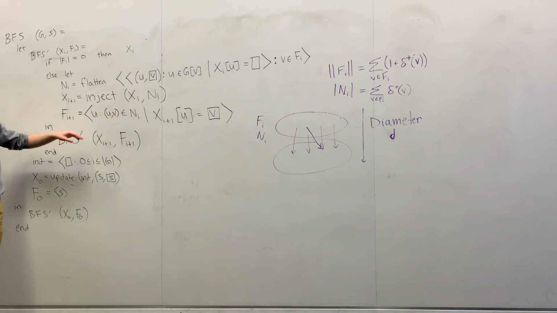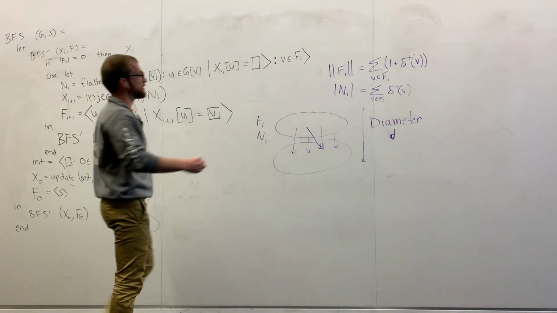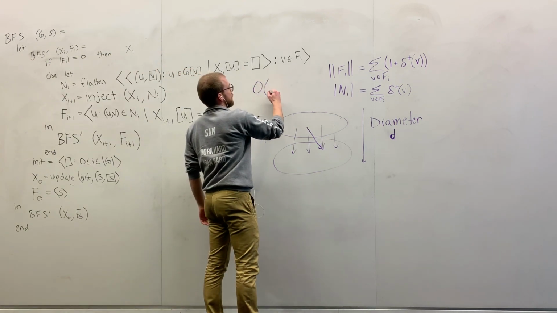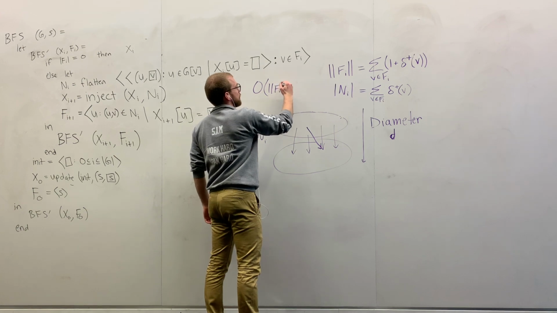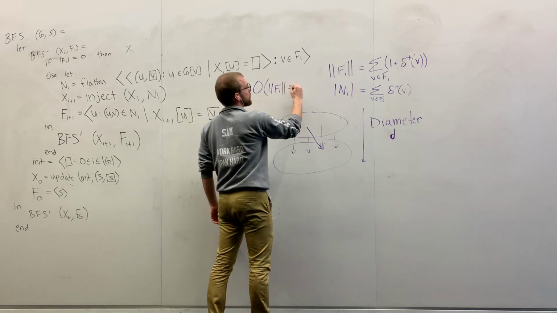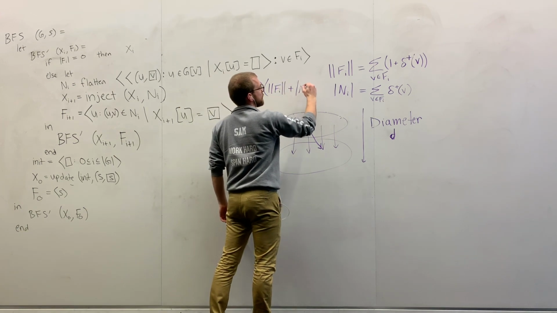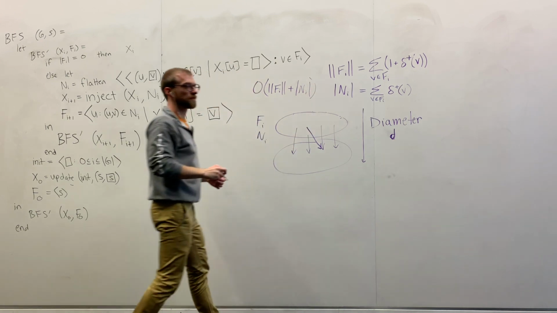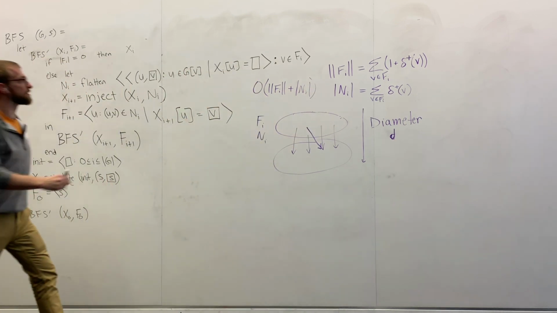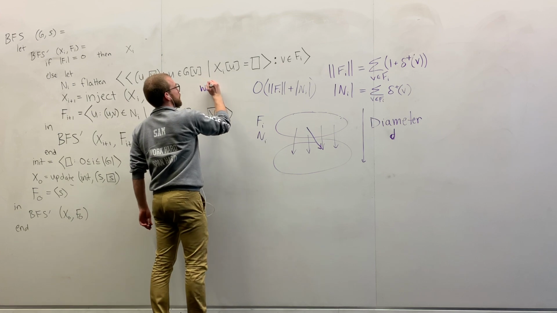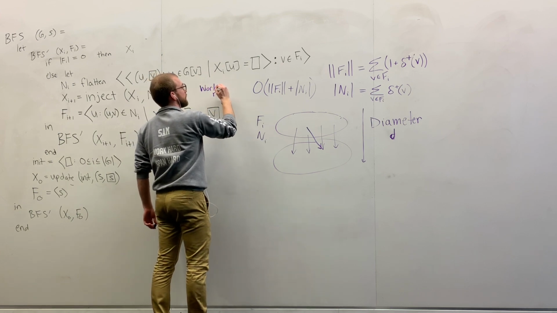It's also a map kind of baked into it, but that's still just a linear cost in the size of Ni. Good, so that is one round. One round is going to cost this double bar Fi plus the size of Ni. And this is the work on round i.